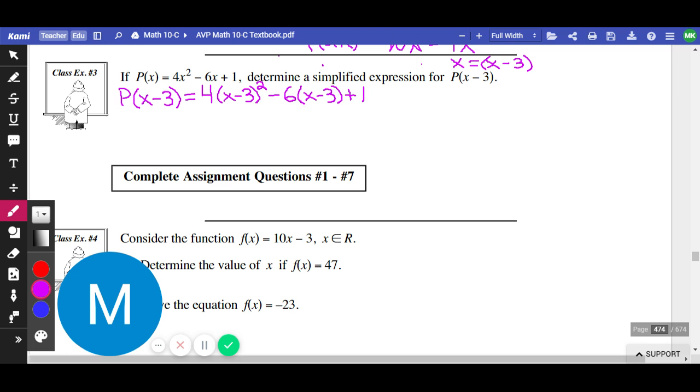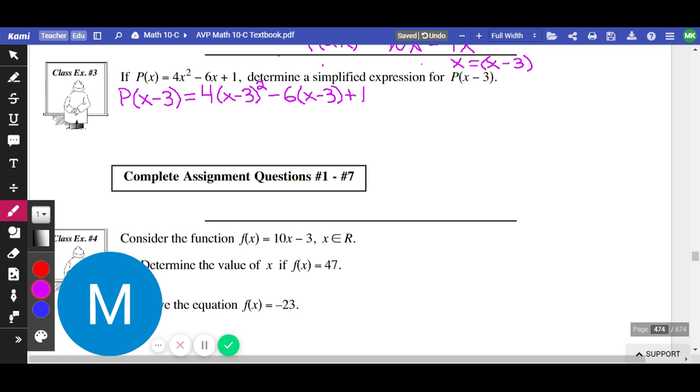That's what my substitution would look like. Fantastic. If you do the substitution, that's great. That's like a start. But then we need to simplify our expression.